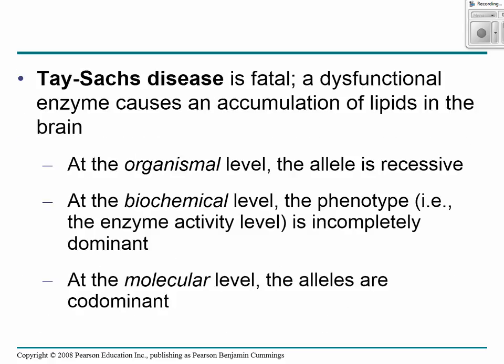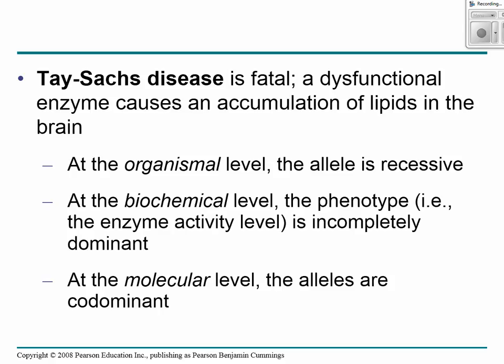Okay, what about diseases? This is when genetics is the most important to our understanding. Tay-Sachs disease is a fatal dysfunctional enzyme caused by an accumulation of lipids in the brain. Lipids are what? Fats. At the organism level, so we're talking about the human being, the allele is recessive.